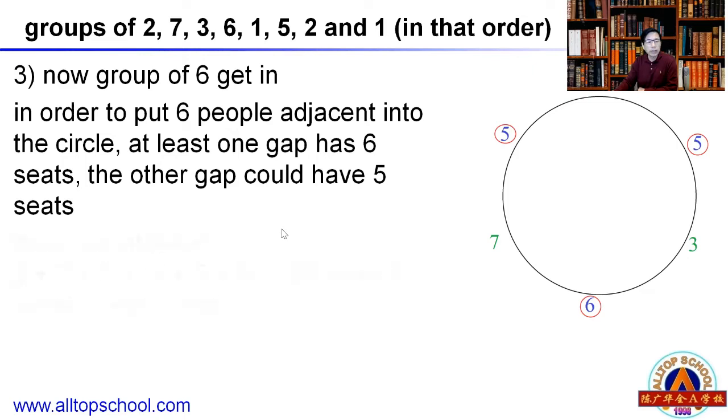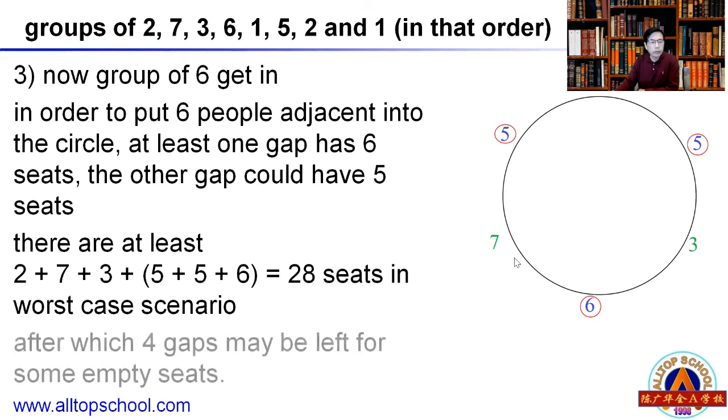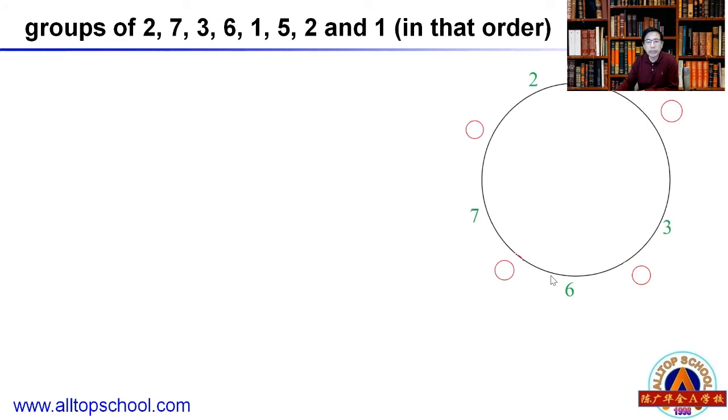So in this case, we can see there are at least 27 seats in the worst case scenario in order to guarantee to seat all the people. After which 4 gaps will be left for some empty seats, because so far we have a group of 2, group of 7, group of 3, and a group of 6. So 4 gaps will be left.